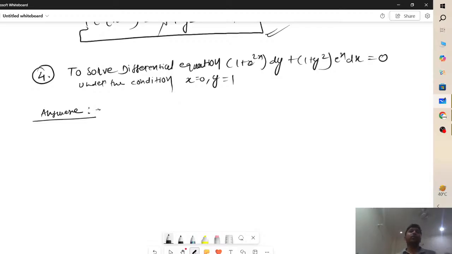Again, take a pause of 1 minute and try to analyze how we approach this question. Very important, it is quite an important one. We have 1 minute.